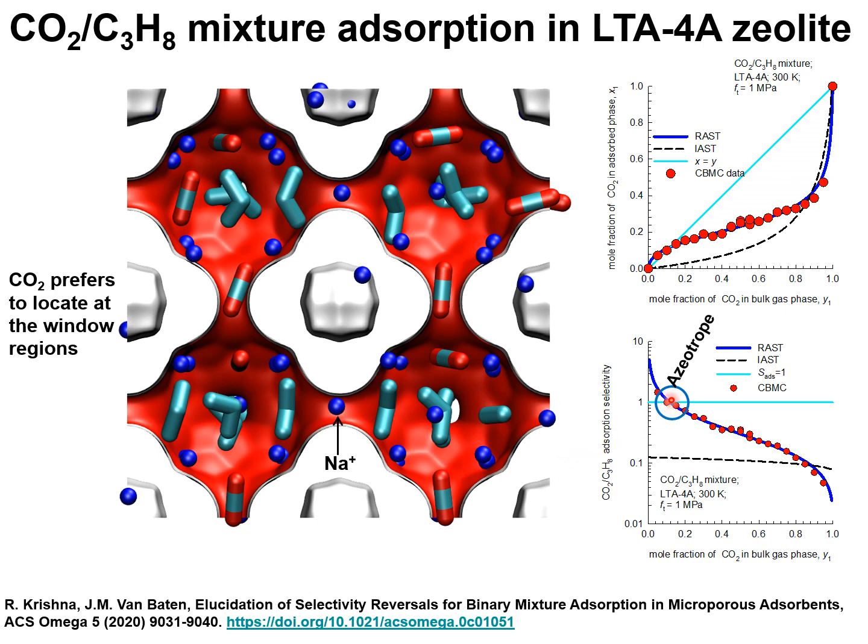And we note that for higher CO2 compositions in the bulk fluid mixture, the adsorption selectivity becomes increasingly in favor of the propane molecule. And we have the azeotrope composition at a mole fraction of about 0.1 for CO2.